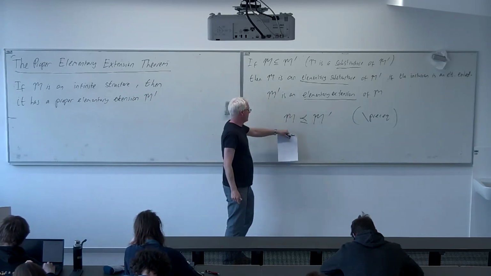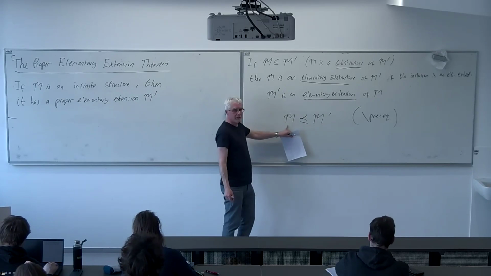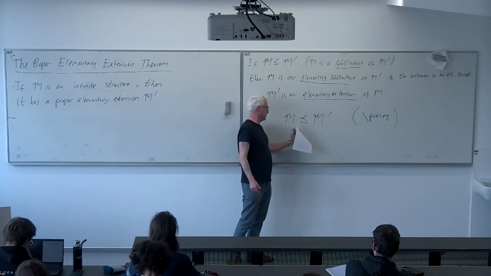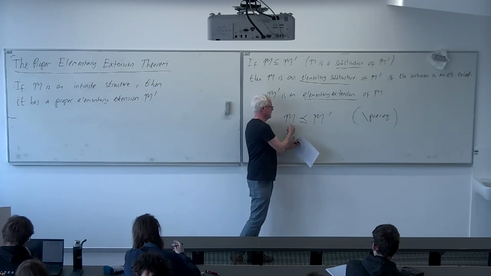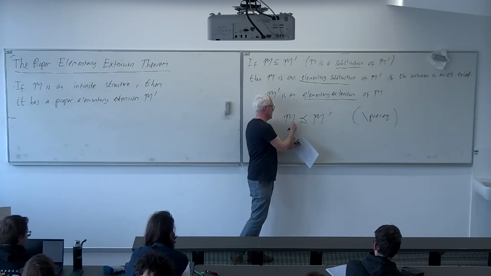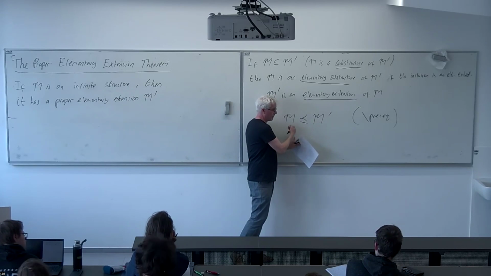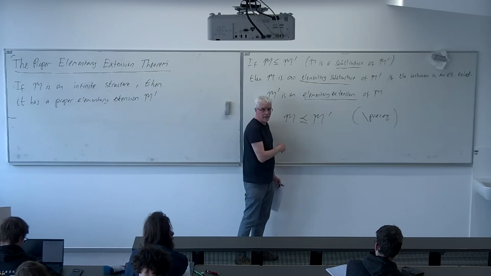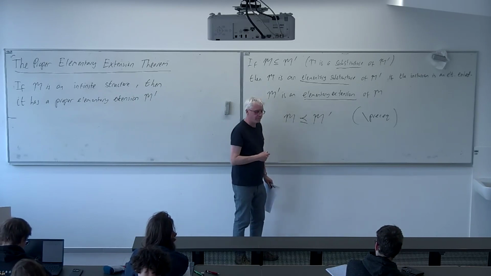So this is what it means for M prime to be an elementary extension of M. We have an inclusion, a subset inclusion that's a homomorphism of structures, and the inclusion is an elementary embedding.